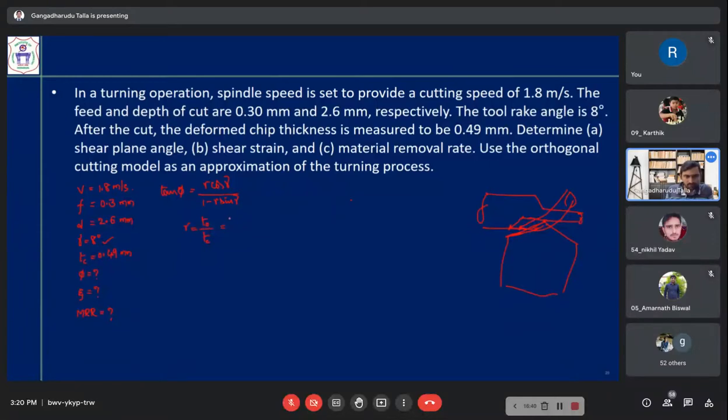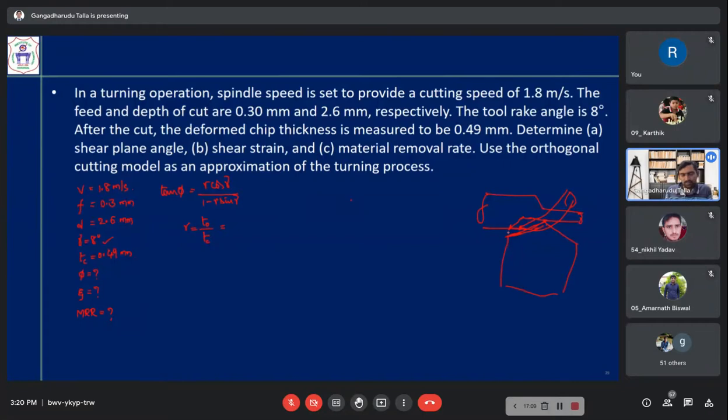In that case, like depth of cut will be equal to the thickness. No, sir. No. See, in that case, the ratio will increase. Sir, if you use depth of cut, it will be useless, because that ratio should be less than 1.